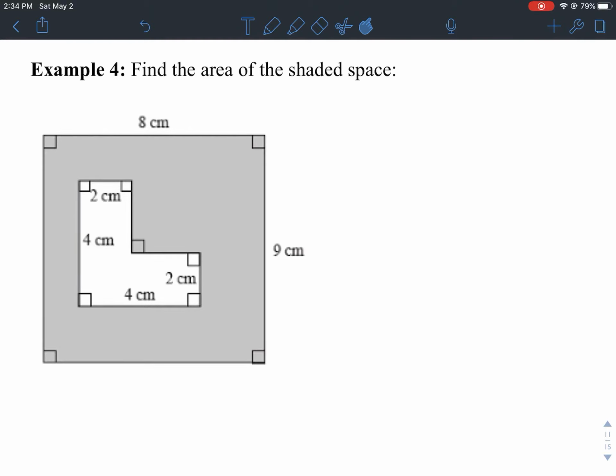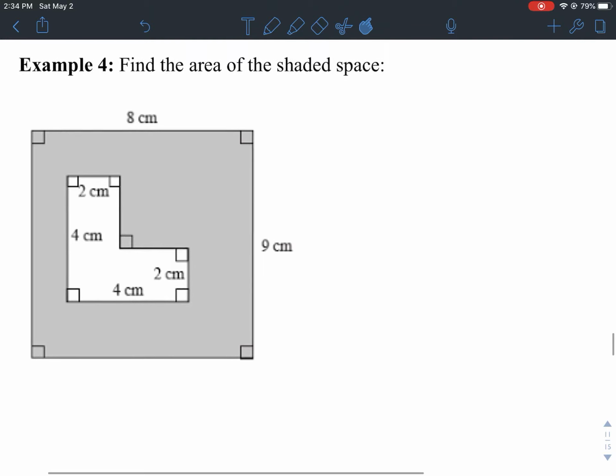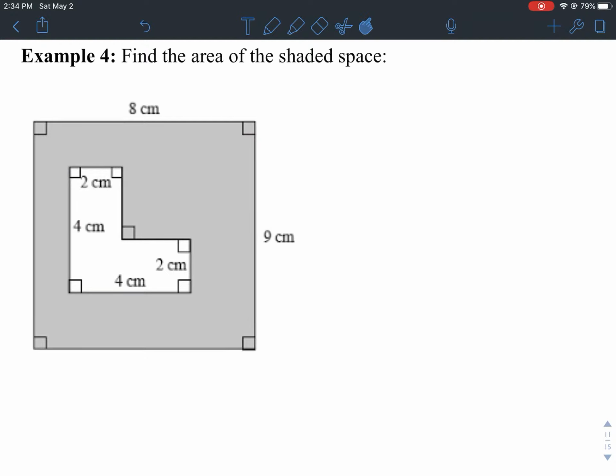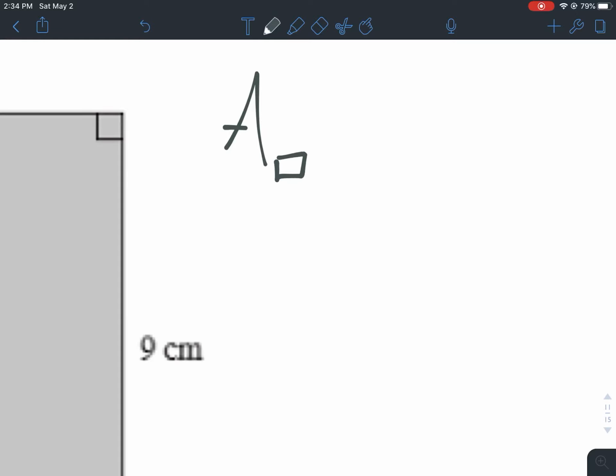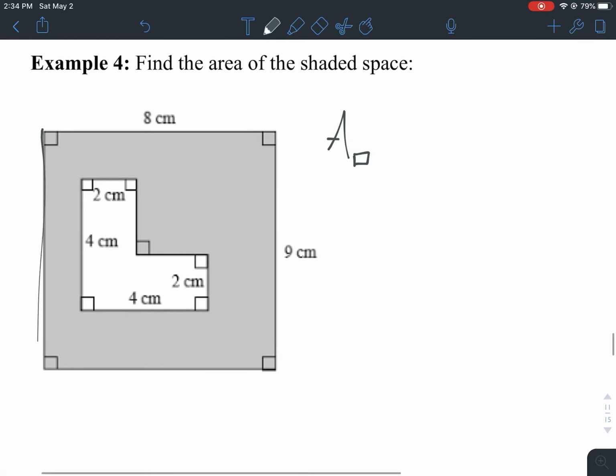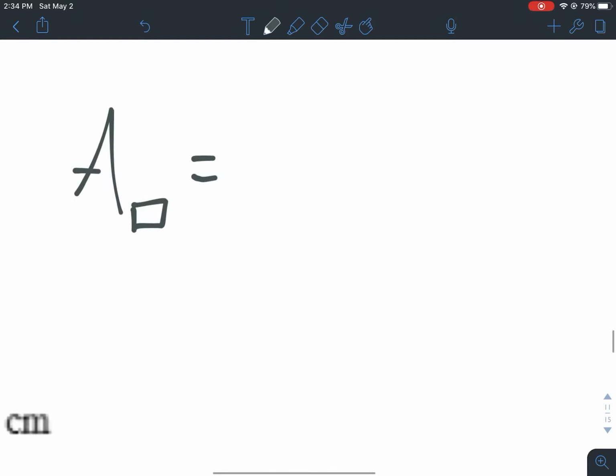I would say that splitting this into 2 problems would be the best. So let's start off with finding the area of this rectangle here. The area of the rectangle, the bigger shape here, is going to be, again, base times height.